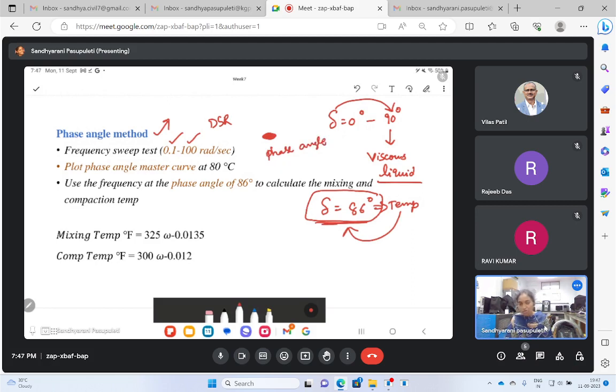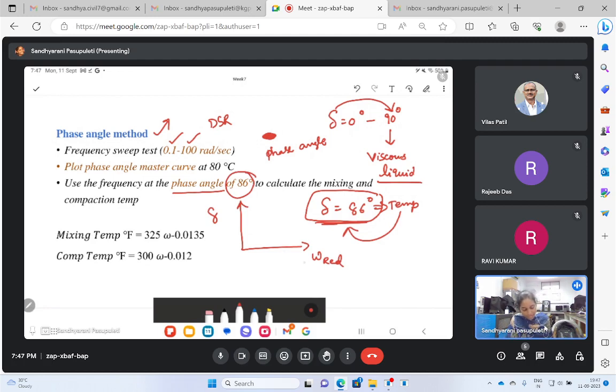You will only collect the phase angle, and you perform this test at multiple temperatures. If you have data at multiple temperatures, you can plot a master curve of phase angle and reduced frequency. From that master curve, you can determine where you get the phase angle of 86 degrees.